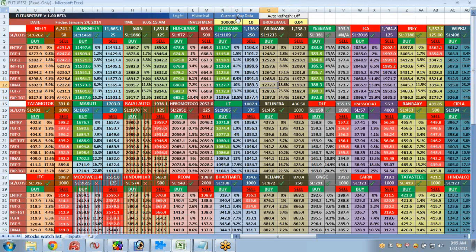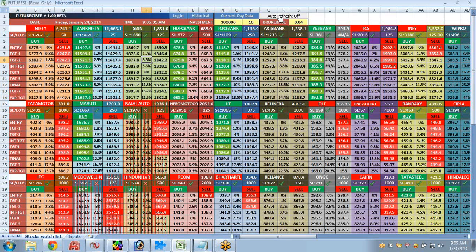The current day data is nothing but the present day data, which we'll be getting at 9:15. So usually at 9:15 we'll get the rates for Nifty and Bank Nifty, and for the rest of the scripts we will be getting the entry prices on both the sides at 9:20 and 9:30.